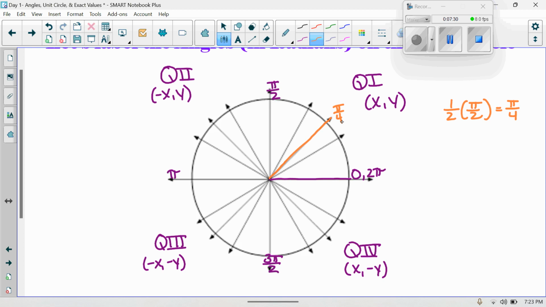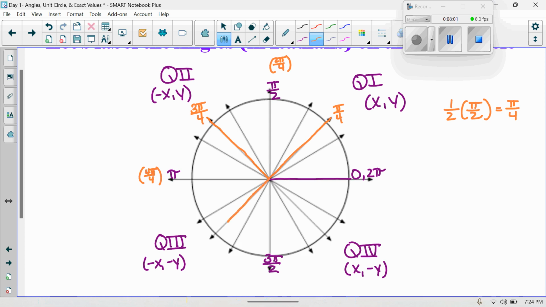And then I'm just going to count 1 pi over 4, 2 pi over 4, 3 pi over 4, and so on. So that means 2 pi over 4 is actually up here. We're not going to label it as this, but if I wanted to, 2 pi over 4 then reduces to pi over 2. Then my next one is over here in quadrant 2. It's going to be 3 pi over 4. Then I have 4 pi over 4, which I don't need to label because it reduces to pi.